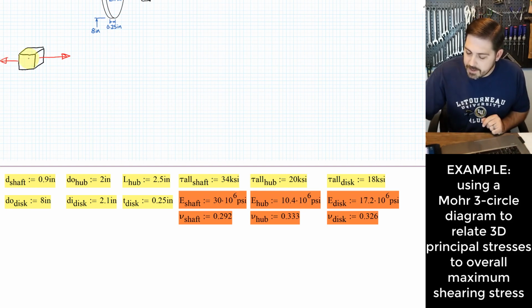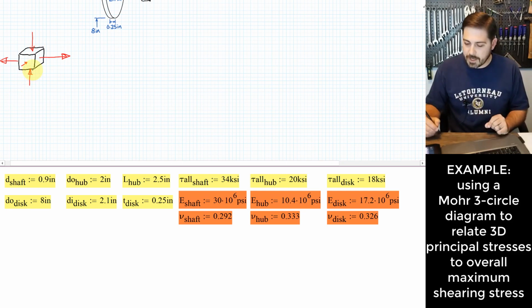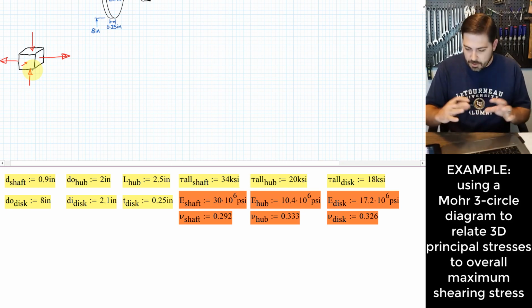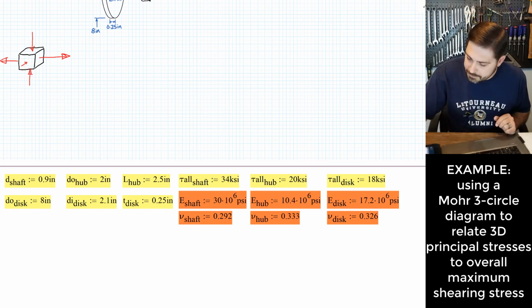So let's say I've got a relatively large tensile stress there. Let's say that I've got a relatively small compressive stress happening on this face, and then we won't see it, but there's another one opposite on the other side. And then let's say I've got a rather larger compressive stress happening on these faces right here. Okay, so let's say I've done all the work to figure out what my principal stresses are on this little element of material.